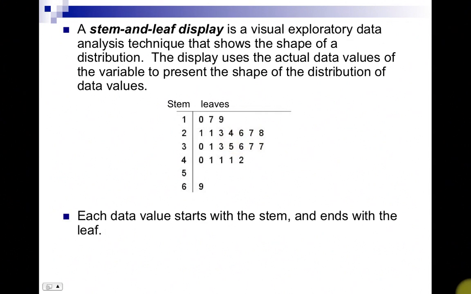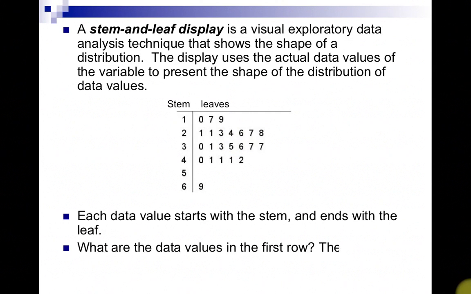Each data value starts with a stem and ends with a leaf. What are the data values in the first row? What are the data values in the fifth row? The way we read this is we look at the stem in the first row, it's a digit of 1. We look at the first leaf in the first row, which is a digit of 0.